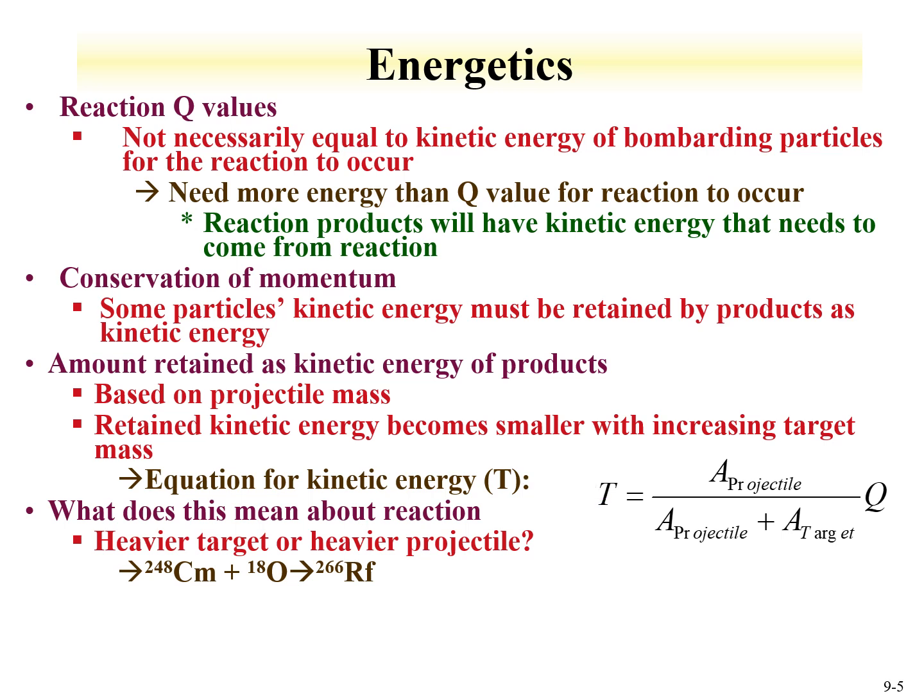Well, if I accelerate the curium into an oxygen target, I use the curium as a projectile, and this kinetic energy is about equal to the Q value, because it's equal to 248 divided by the sum of 248 plus 18. Now, if we go the other route, which is actually done experimentally, where we accelerate oxygen into curium, we wind up with the kinetic energy being only a smaller fraction of the Q value. This is one reason why you often accelerate the light particle into the heavier target.